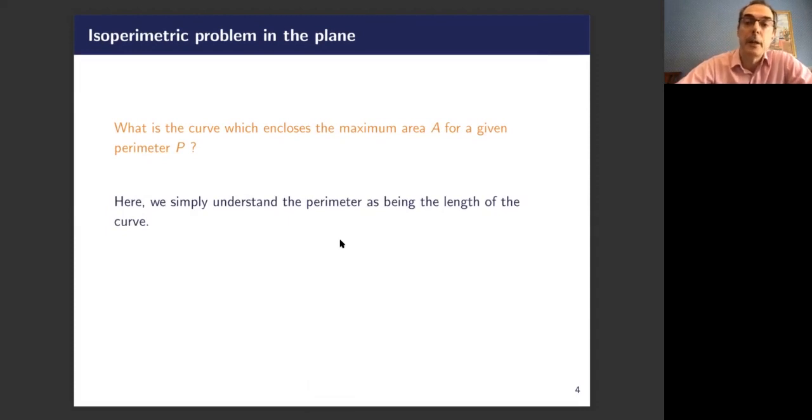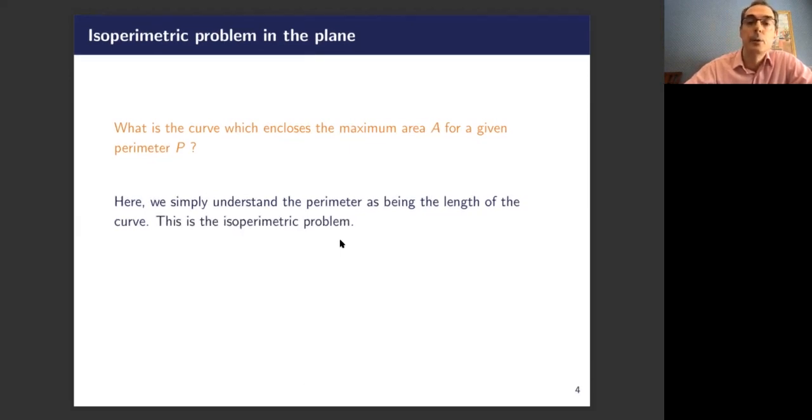So here, for the sake of simplification, we just understand the perimeter as being the length of the curve, and the curve we are considering is supposed to be smooth enough so that the length is well defined.